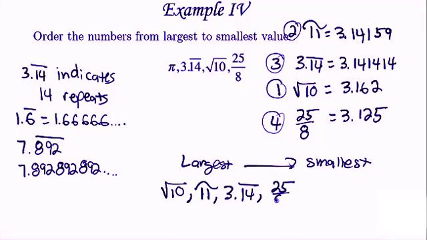And then finally, 25 over 8. So for this example, I had to first convert all of these into decimals so that I could compare them. And I had to take them out far enough that I was actually able to differentiate between pi and 3.14 with the repeating. And then I was able to look at them and order them as I was asked.